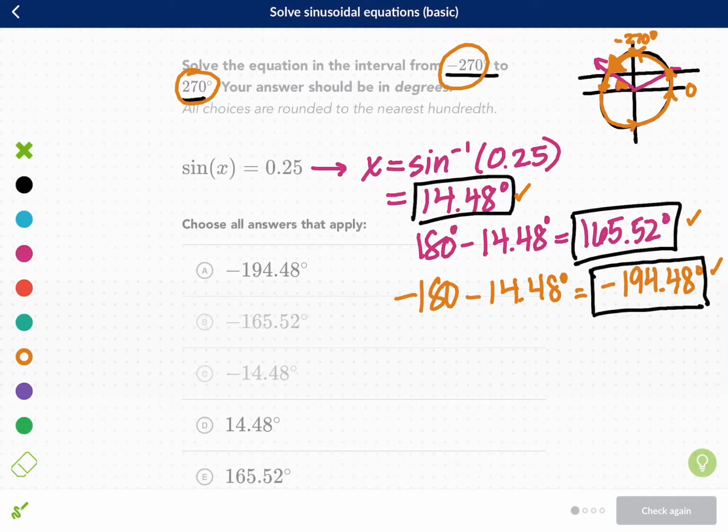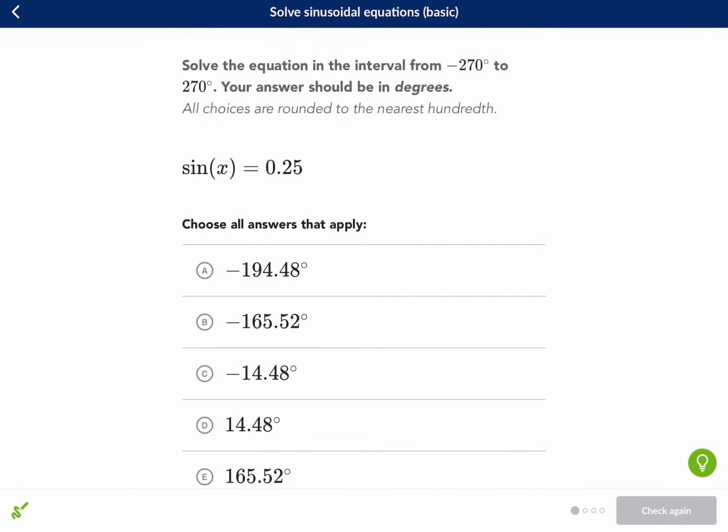That is that 165.52. Okay, let's keep going around. That's 180. And bam, here we hit 270 and stop. So if we go back through, we hit it once, twice, 3 times. So we need the 14.48, the 165.52, and we also need that negative 194.48.